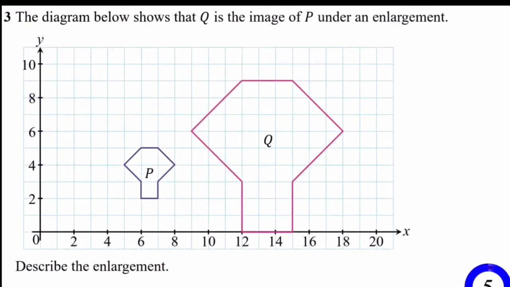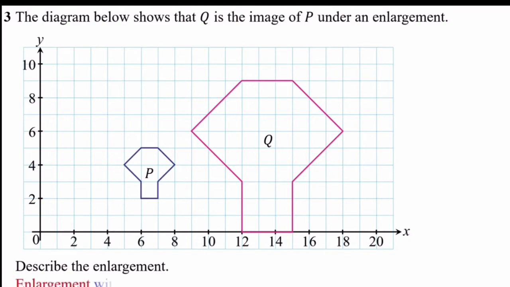Question number 3. The diagram below shows that Q is the image of P under enlargement. Describe the enlargement. When we describe the enlargement, we need a scale factor. How to find the scale factor?